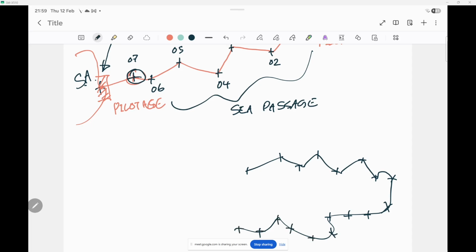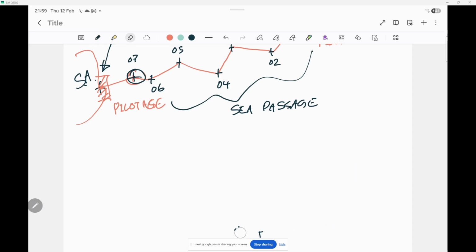Maybe there will be 100 waypoints coming in just for the pilotage, but still everything needs to be there in your passage plan. You can't say that because the pilot is there, he will take the vessel from here and take shortcuts. No, it's not like that. In the passage plan, you have to make sure all the waypoints are there from berth to berth.